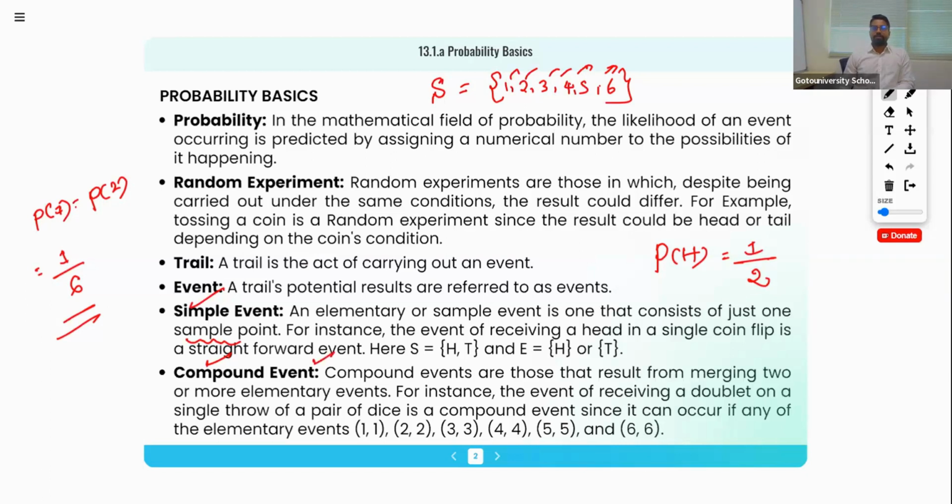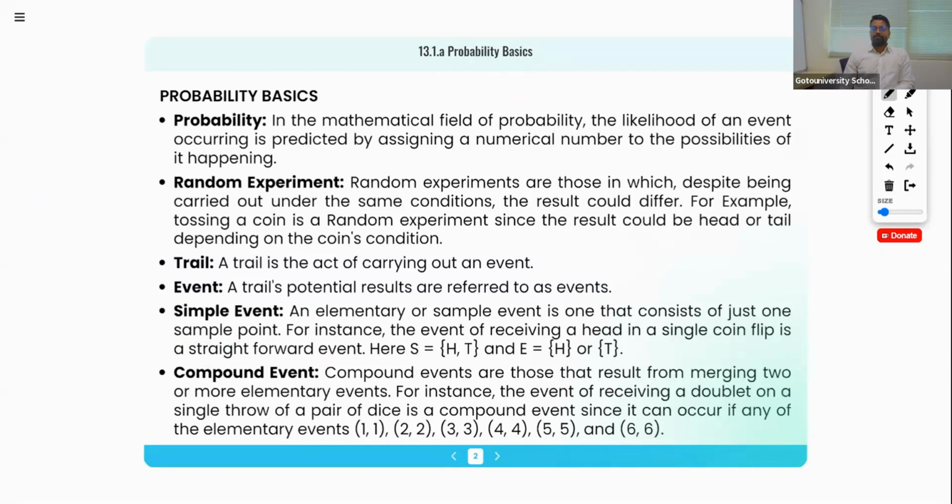Compound events are those that result from merging two or more elementary events. For example, getting an even number. Getting an even number means three simple events: getting 2, getting 4, and getting 6.